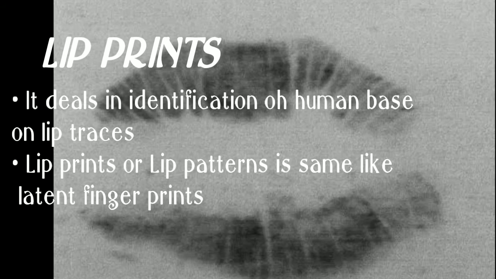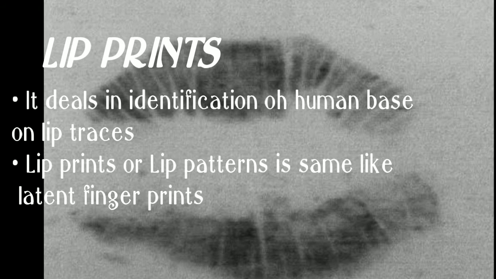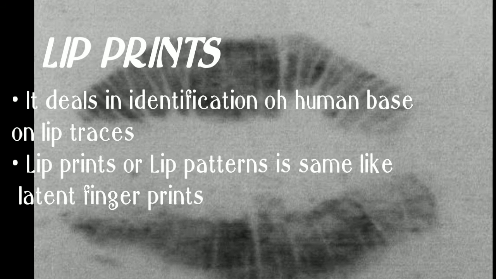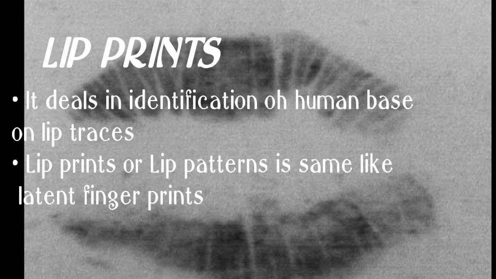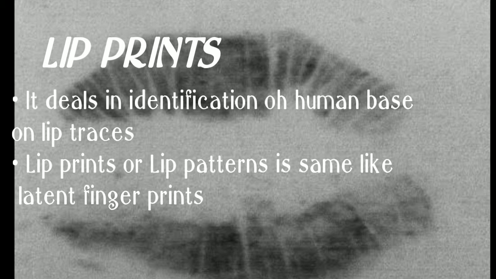Lip print. Lip print is a forensic investigation that deals with the identification of humans based on lip traces. Lip print or wrinkle pattern is individual, same as a fingerprint. The wrinkles and grooves of the labial mucosa form a characteristic pattern called lip prints.